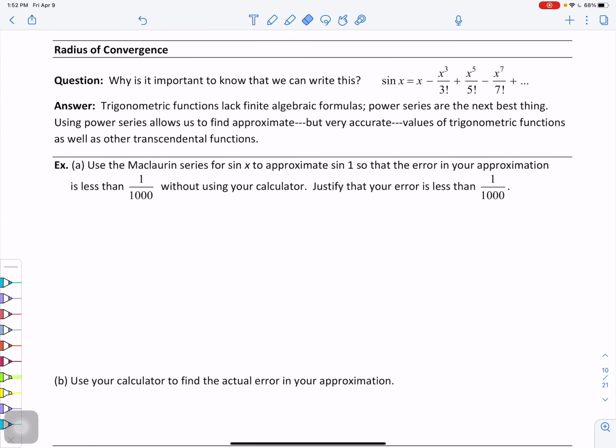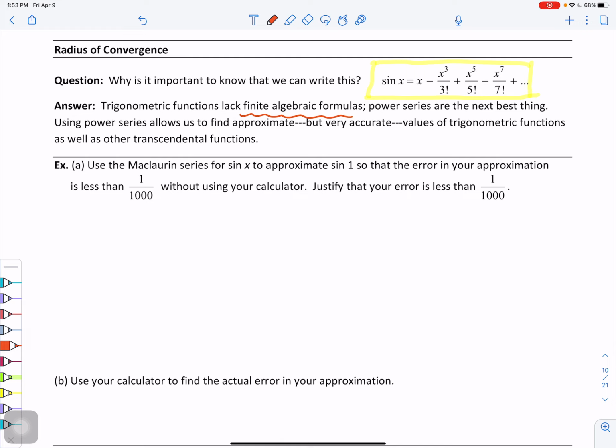This is Unit 10B, and in this video we'll be talking about the radius of convergence. So why is it important to know that we can write this infinite series to represent the sine of x? Well, basically it's this. Our trigonometric functions lack finite algebraic formulas.